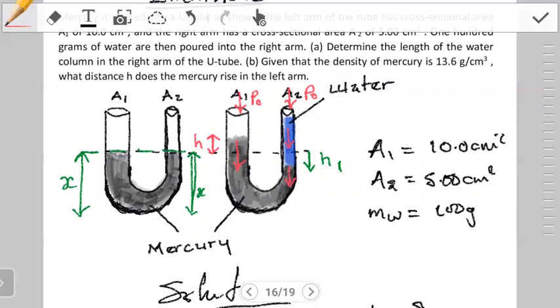I think that method is easy if you're still struggling with how to equate the pressures. Start from one arm of the U-tube. It doesn't matter whether you start from the left arm or the right arm. Just start from one. If you're going in the same direction as your arrow, positive. In the opposite direction, negative.